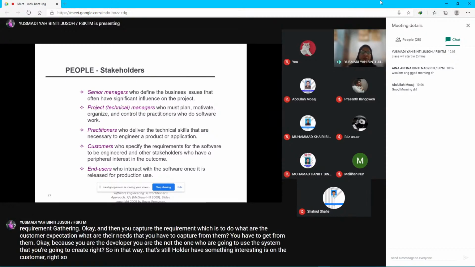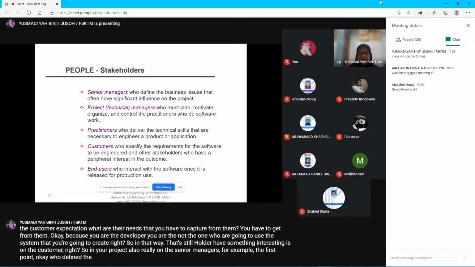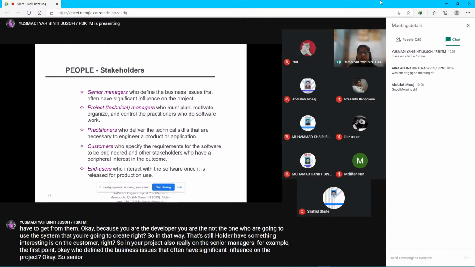So in your project also rely on the senior managers, for example, the first point, who define the business issues that often have significant influence on the project. Senior managers can be in a variety of situations or conditions.